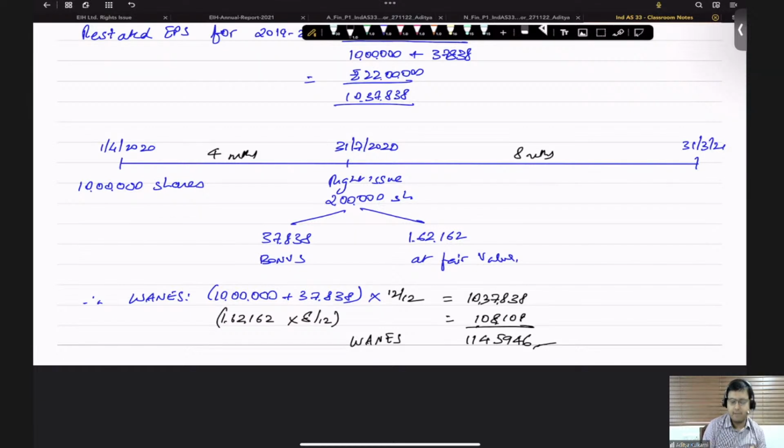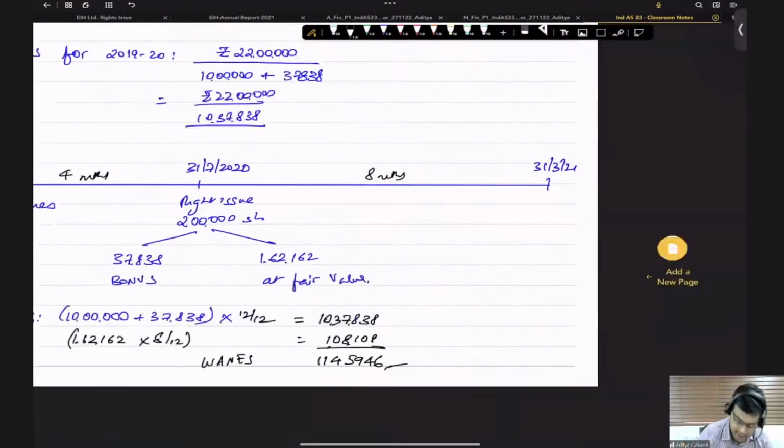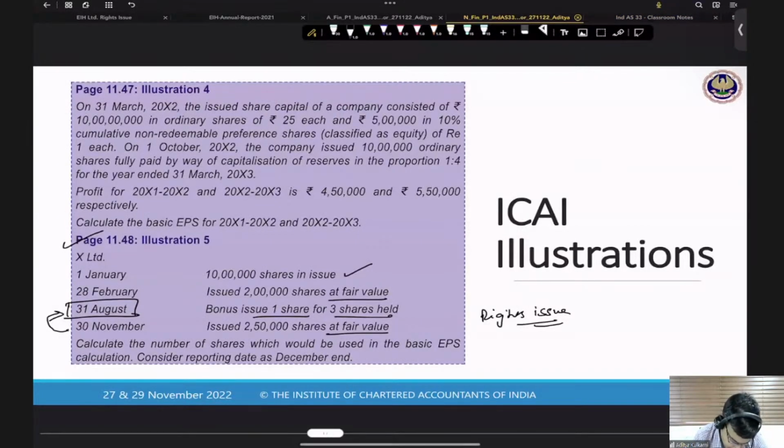My moot point is, whatever method you solve, your final answer will be 11,45,946 weighted average number of equity shares. And now my current EPS for 2020-21 is going to be how much?